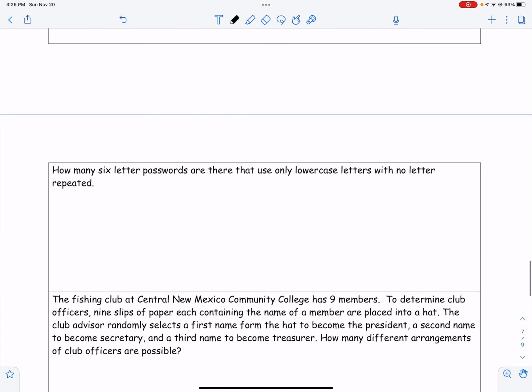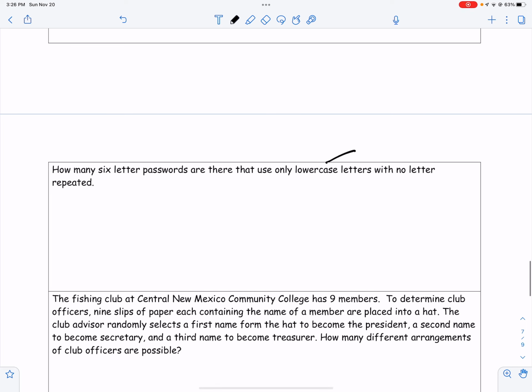How many 6-letter passwords are there that only use lowercase letters? So our n is 26 because we have 26 lowercase letters of our alphabet, and we are choosing r. So 26 choosing 6.